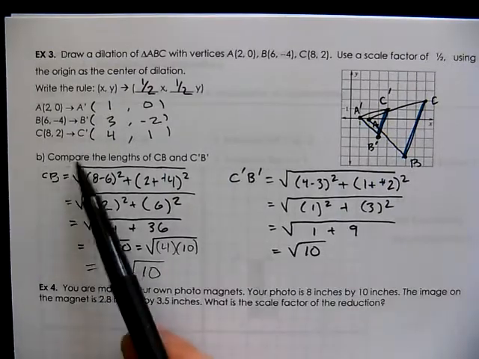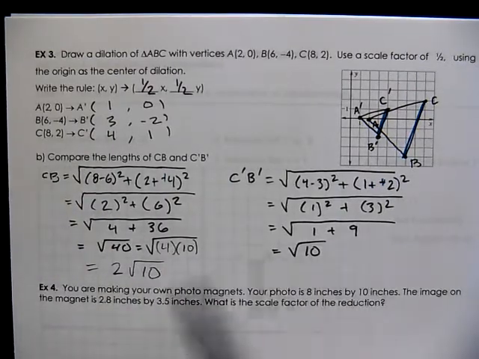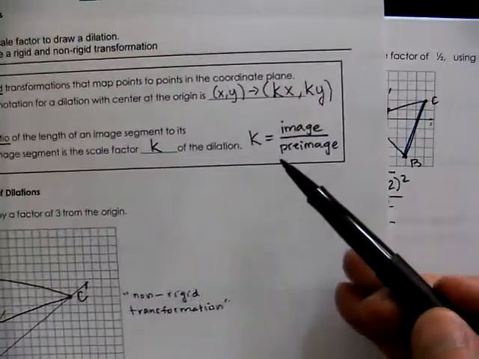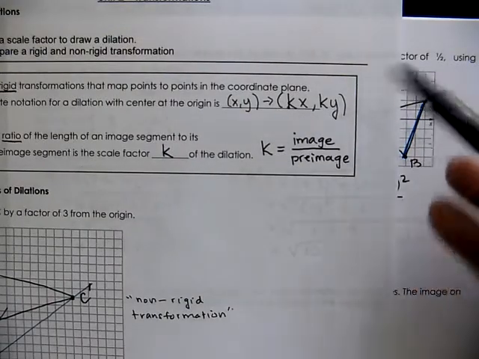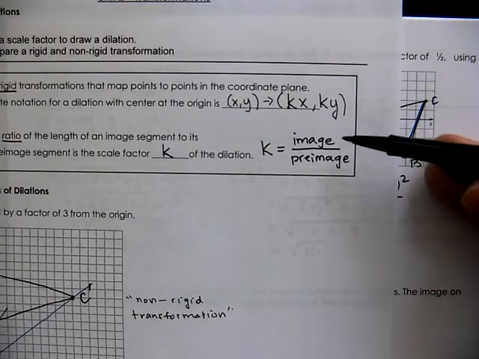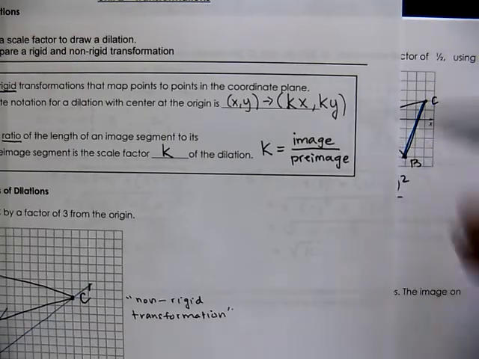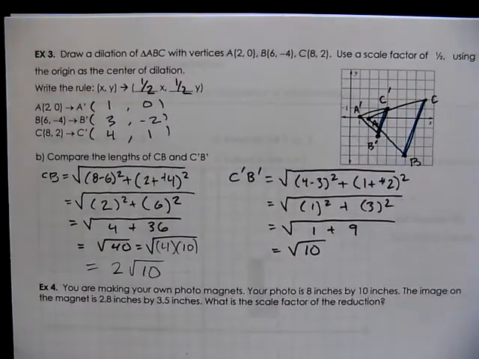Now we want to compare the lengths, so we can look at them, but let's compare them by actually calculating the scale factor. Remember, we said that we can calculate the scale factor with this ratio. We'll take the corresponding lengths of the image over the pre-image. That's what we're going to do right here.